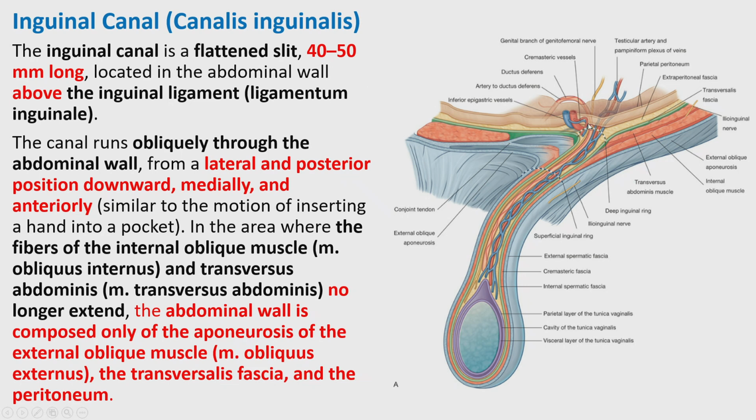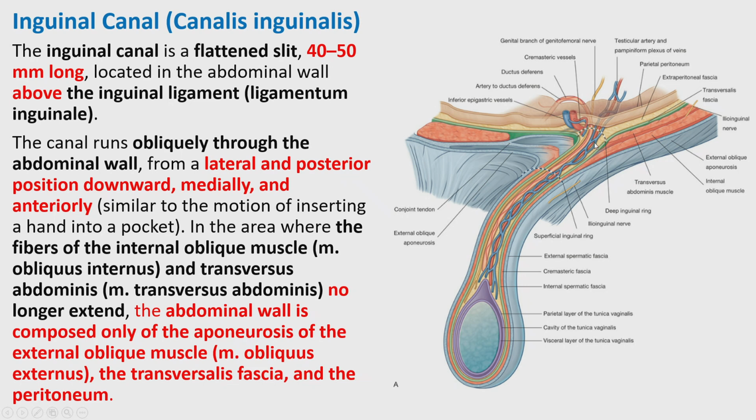It's the place where these two muscles, the internal oblique and transversus abdominis, the fibers of these muscles, are no longer extending in this area.